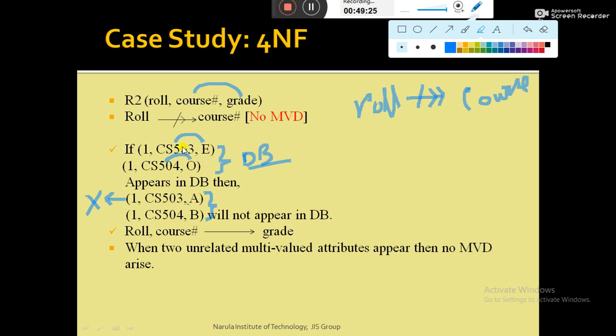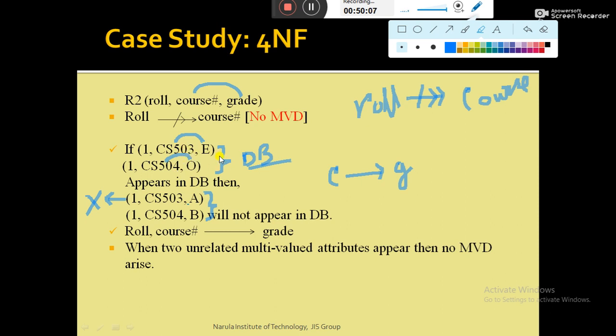That means grade and course have some kind of relationship; they are functionally dependent. We can write C, meaning course, arrow G, meaning grade. So grade is functionally dependent on course. If you provide CS503, there should be only one grade, E, because for a particular course of a particular student there should not be multiple grades.